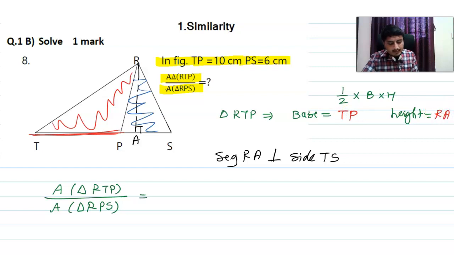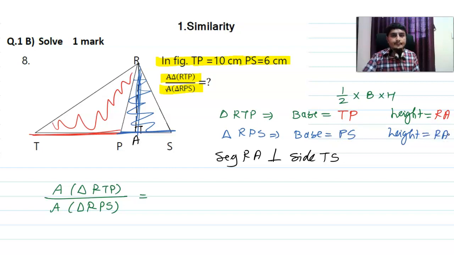Now look at the second triangle, triangle RPS. For RPS, which is the base and which is the height? Here RA is the perpendicular drawn on PS. That means PS is the base and the perpendicular itself is the height of the triangle.